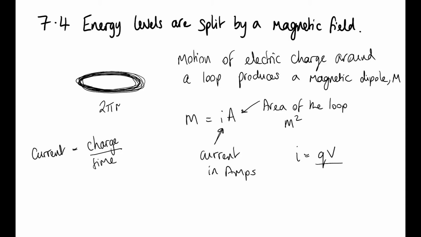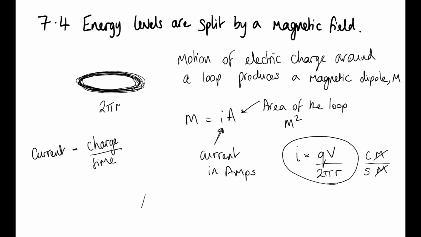So in the denominator we're going to have 2 pi r. Velocity is meters per second, so we have coulombs times meters per second on the top, and the circumference is also in meters, so these cancel out, and we end up with a current which is charge divided by seconds, so charge over time. That's our current.